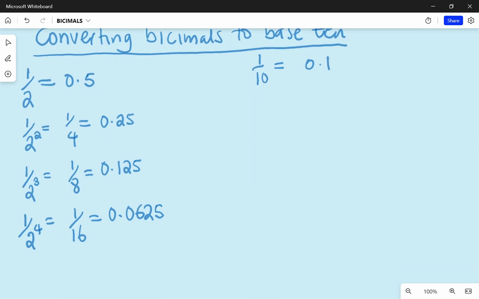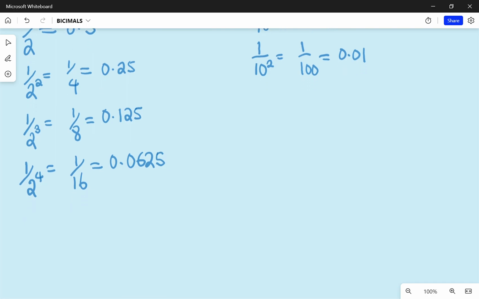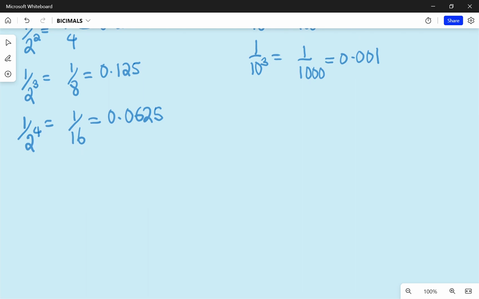If I have 1 over 10 power 2, this is 1 over 100, which is 0.01. 1 over 10 power 3 is 1 over 1000, which is 0.001. 1 over 10 power 4 is 1 over 10,000, which is 0.0001.